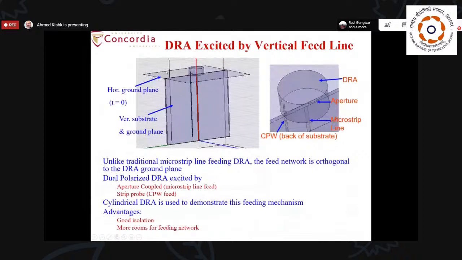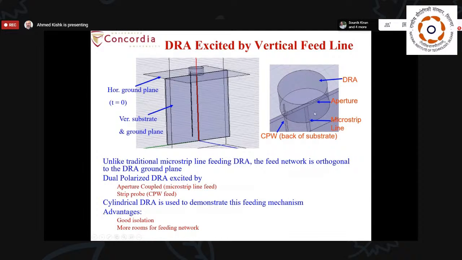This is another type of excitation where I can have a vertical substrate where I put my excitation printed on it, like microstrip lines. But here I have the end of the substrate. I put a horizontal ground plane and I open a slot.